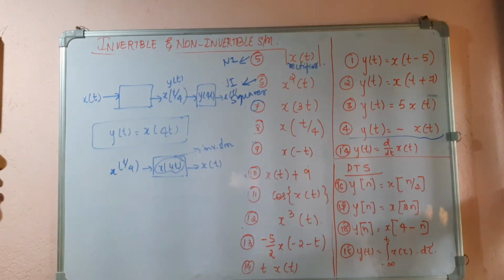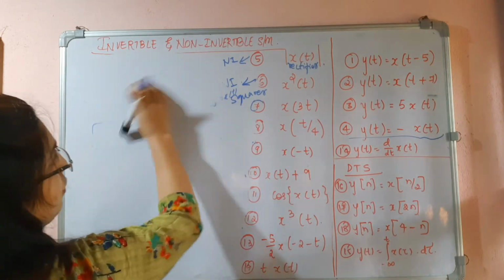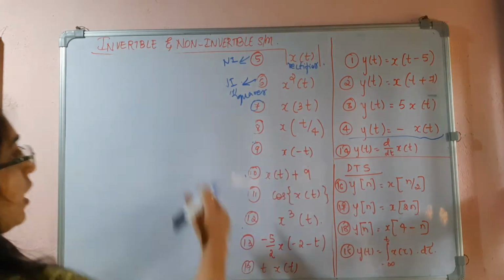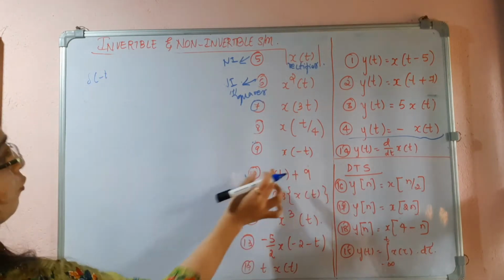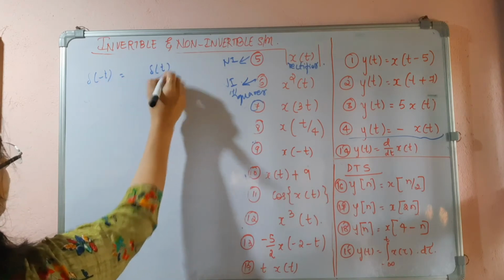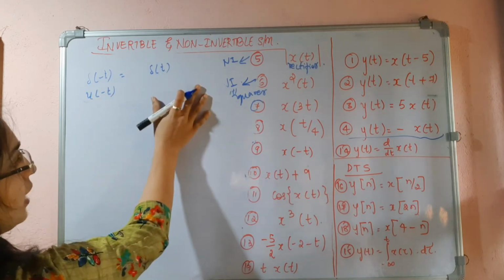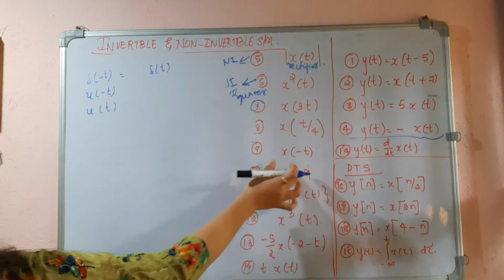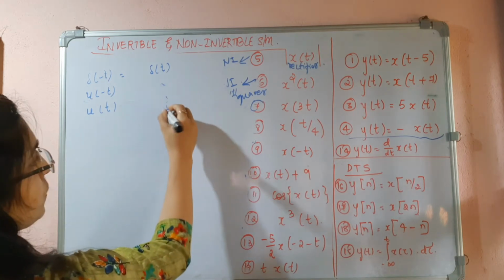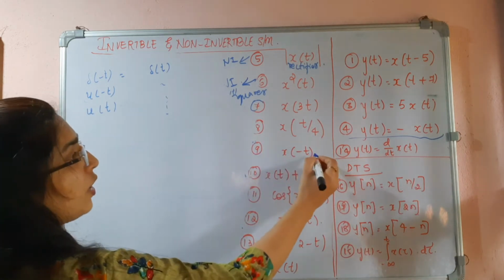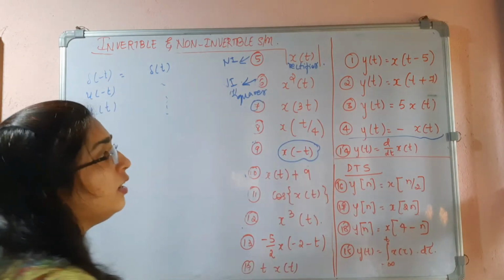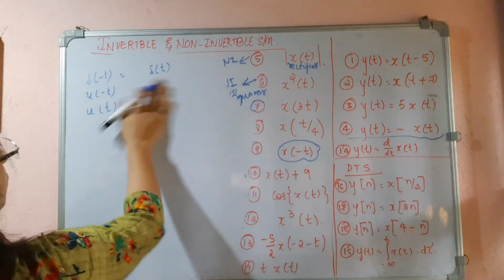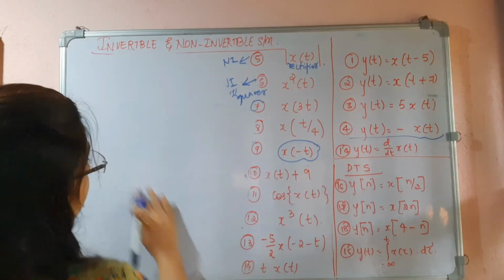So what about time reversal, x of minus t? If I consider delta of t, delta of minus t is equal to delta of t, and u of minus t gives u of minus t, for u of t, the test signals we are giving. So it is also producing distinct outputs. This is also a non-linear time invariant system.